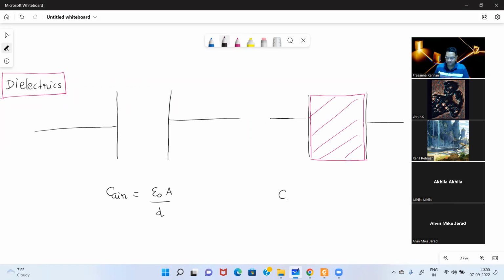Then the capacitance when the dielectric is present completely, or the capacitance in the medium of a dielectric, is given by epsilon naught A divided by D, and apart from that, you will multiply by a factor K. K is called the dielectric constant, or it is also called relative permittivity.